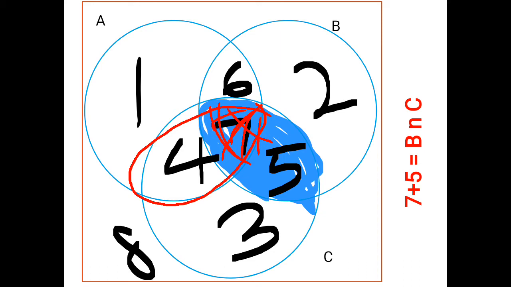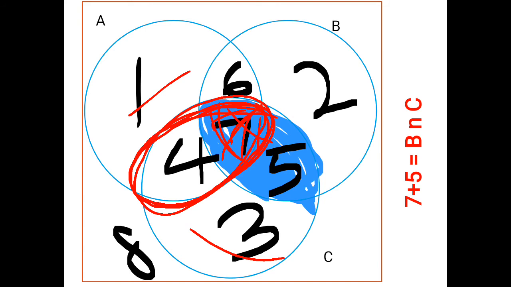I ask myself, in which two circles is region 4 found? A good look at it will tell me region 4 is found in circle A and circle C, meaning this very selected part, 4 plus 7, should be A intersection C, because after covering our all, the remaining part, which is 4, is found in A and then C. So B is not included, because the 4 is not found in B. That is not only the 4 side.